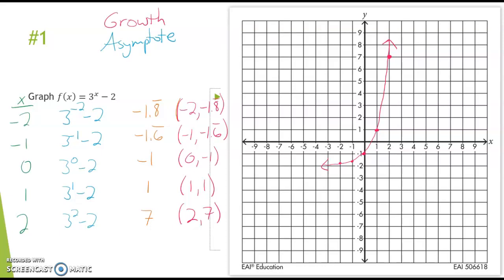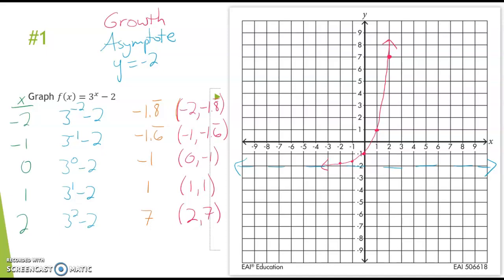It's approaching right here, and it looks like it's starting to taper out, so I know that my asymptote is going to be right there at y equals -2. Remember that your asymptote is a horizontal line, so it's y equals a number. And it goes through that -2, so that's why it's y equals -2.